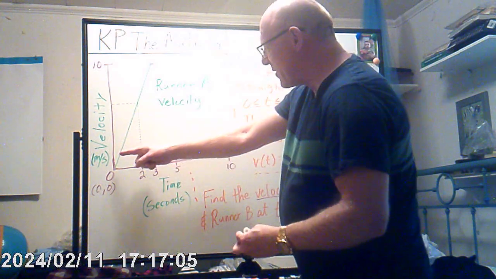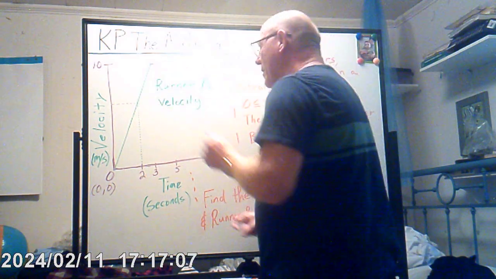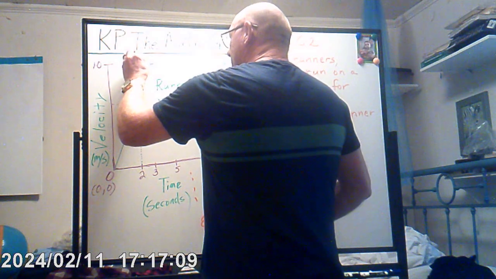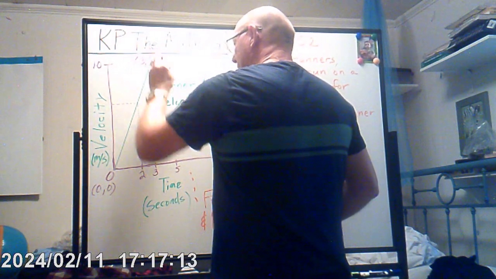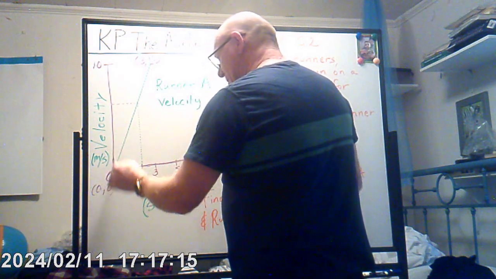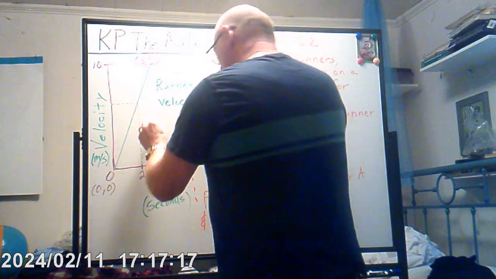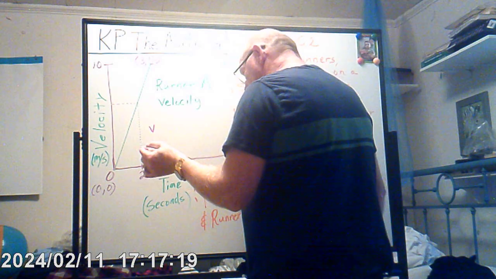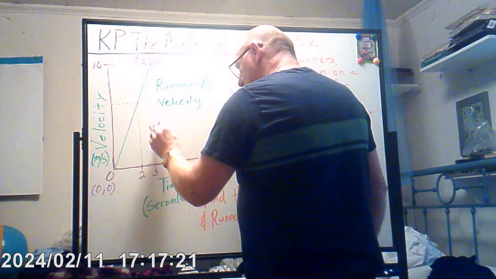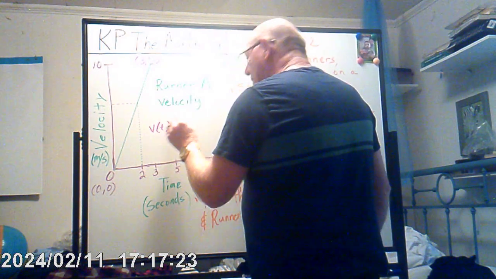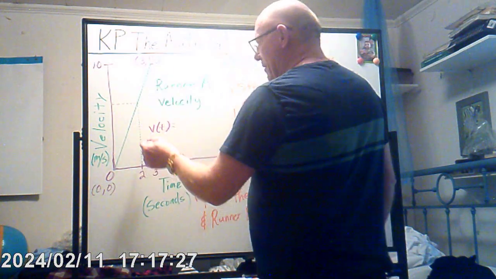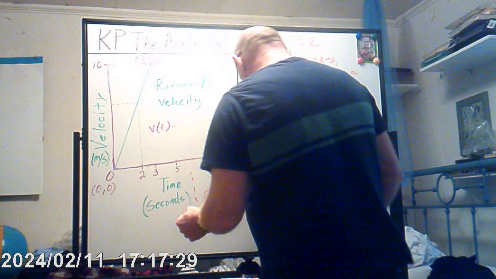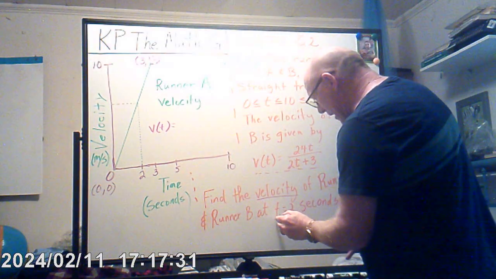Well, I know this point is 3 comma 10, and this is 0, 0. So I know the graph of this velocity, v at t, is equal to, well, it says at t equals 2 seconds.